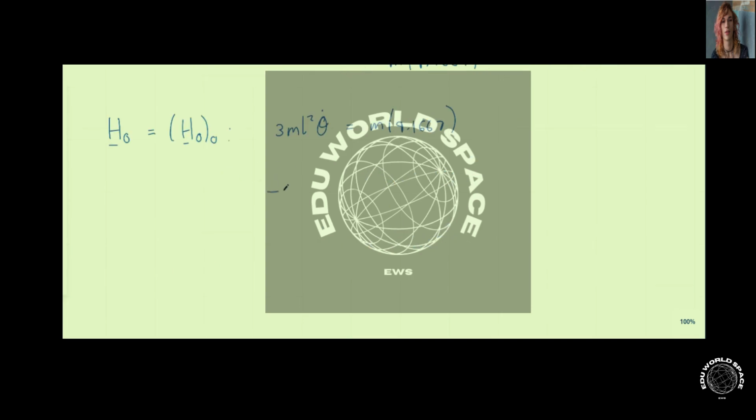This implies that L squared theta dot is equal to 3.0556. So we have an expression with two unknowns, L and theta dot, which we wish to solve for. We'll call this equation 2.